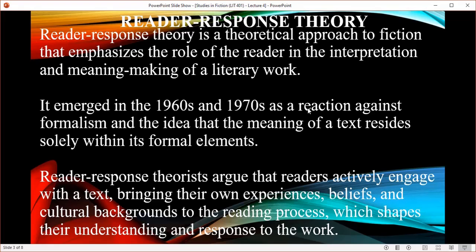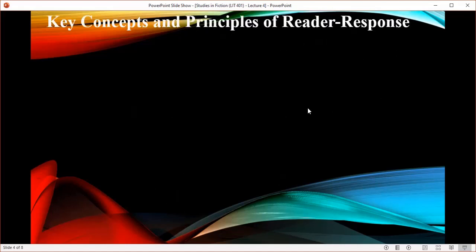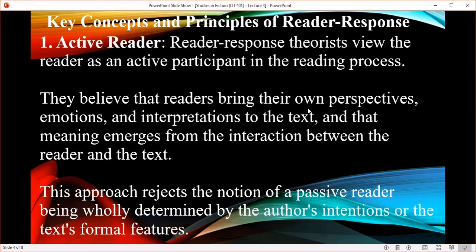All these are what will be determined when meaning is given to a work of narrative. So the reader is at the center of whatever is done as far as interpreting a text is concerned.